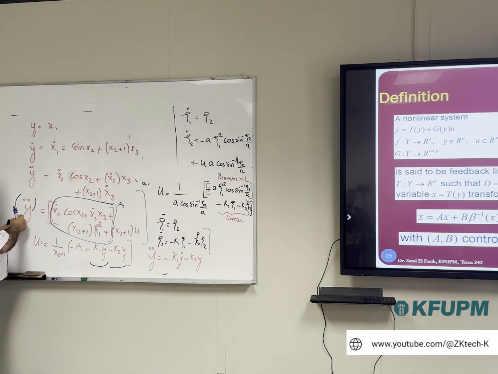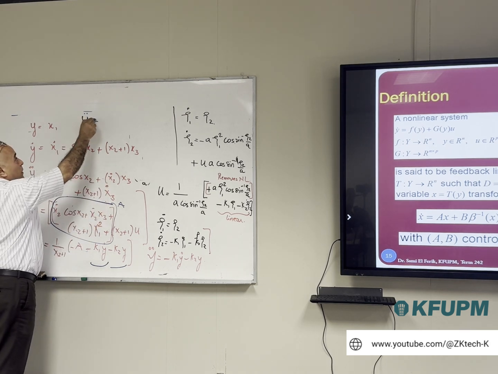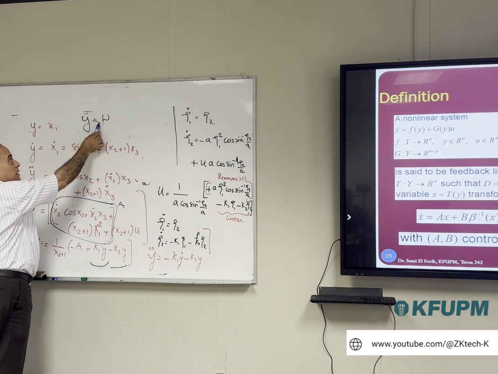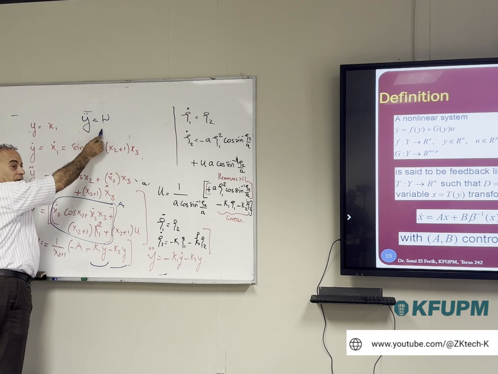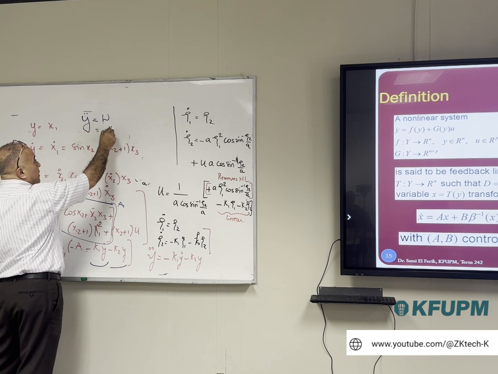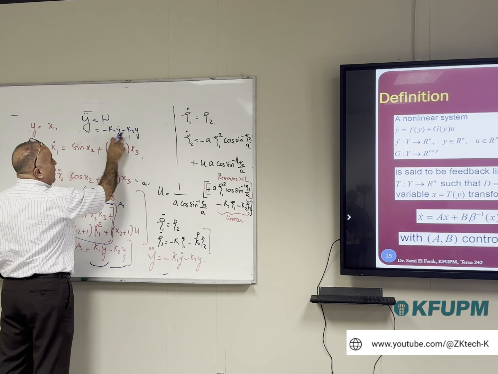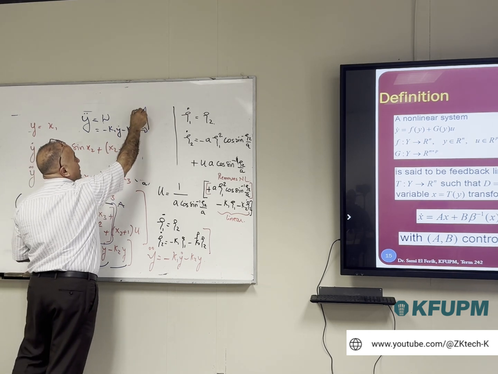So if I would like to write it completely, I will write it, for example, y double dot equal to v. And for the system to be stable, this v has to contain the first derivative and the derivative of order 0. Why? Because if I take the Laplace transform of this, it implies that the characteristic equation... I'm not going to write this here.